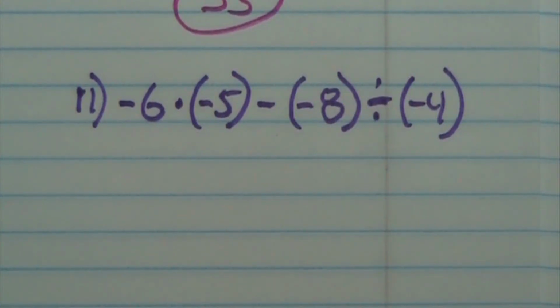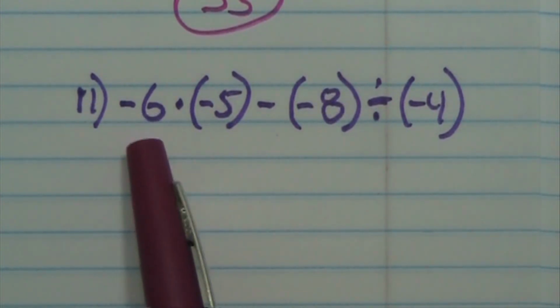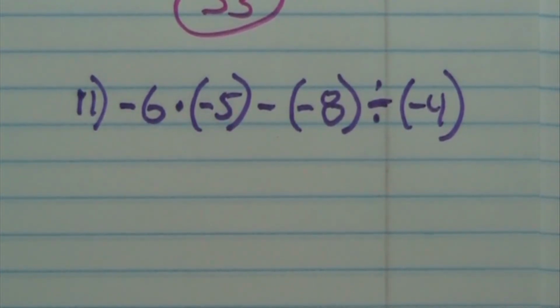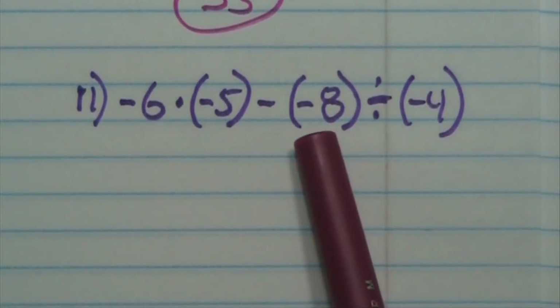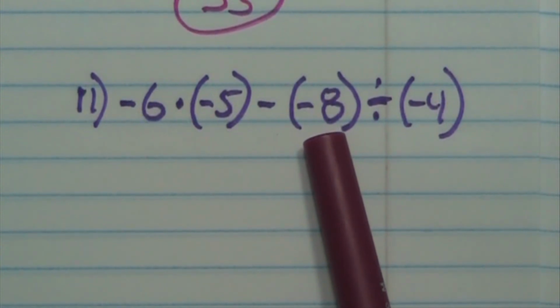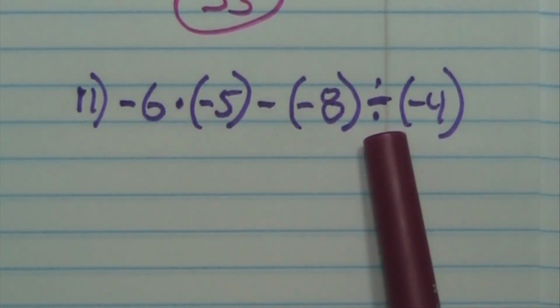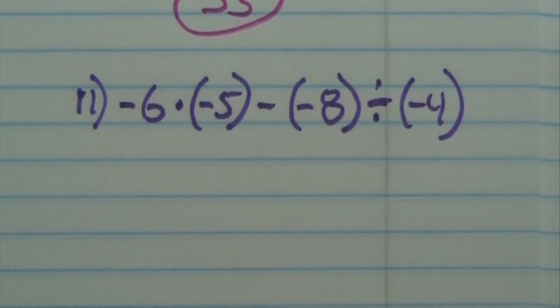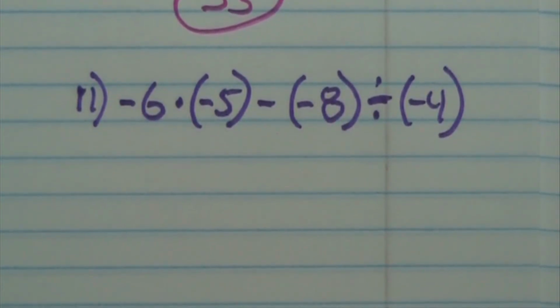Okay, this is our last problem. So -6 times -5 minus -8 divided by -4. Okay, do you see the 3 operations?